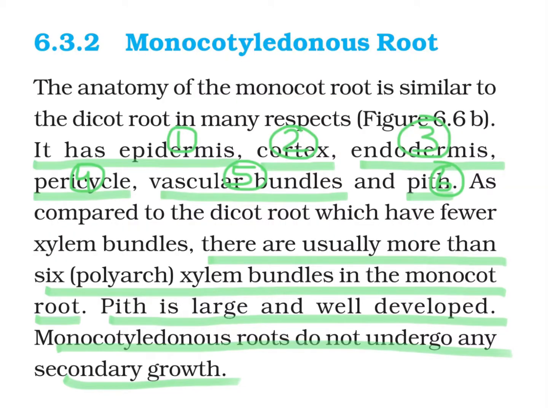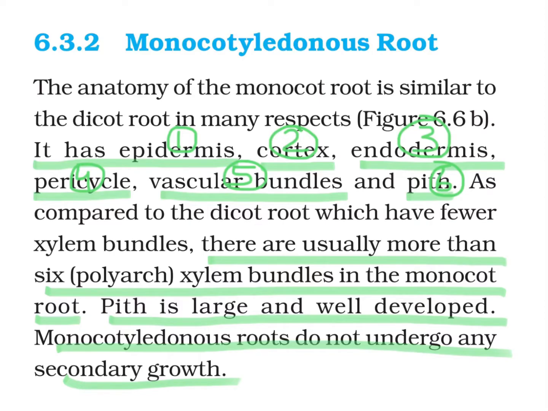Now we are going to start to understand the monocotyledonous root. There are so many structures which are similar to what we have learned in dicot root, like the arrangement of epidermis. Here also it is single layered, then followed by cortex. Cortex is also multi-layered and made up of parenchymatous cells.